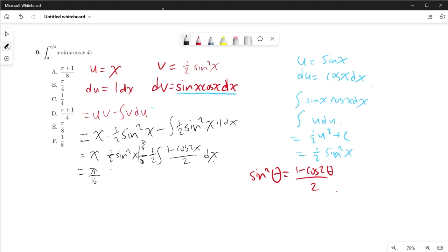And then I will have 1/2 of the integral of 1/2. I'm going to split this into 2.